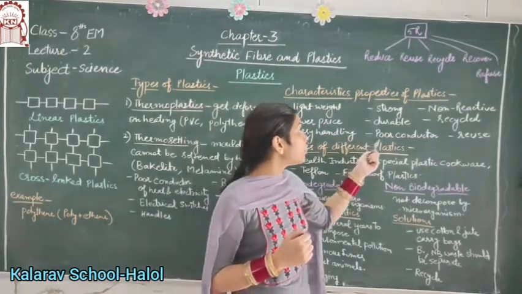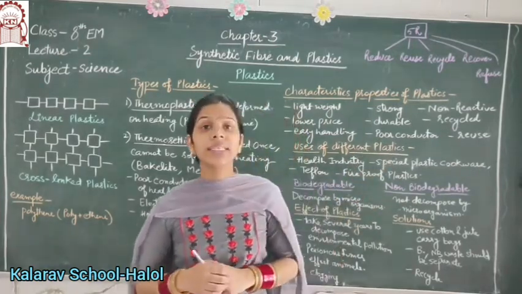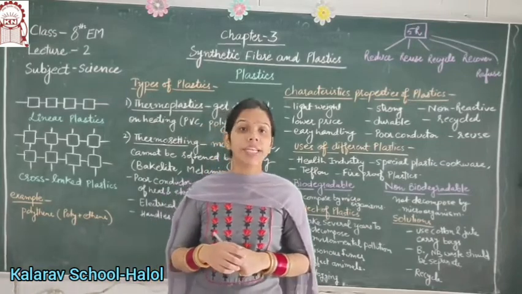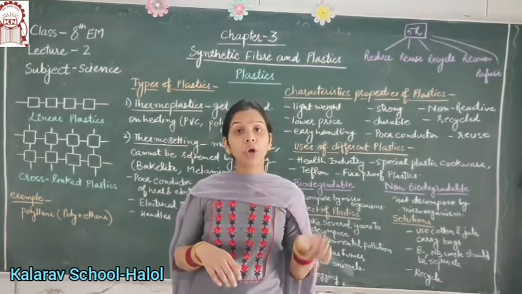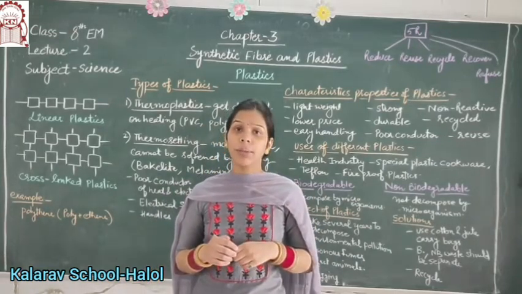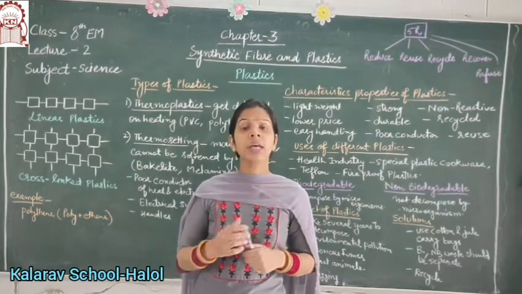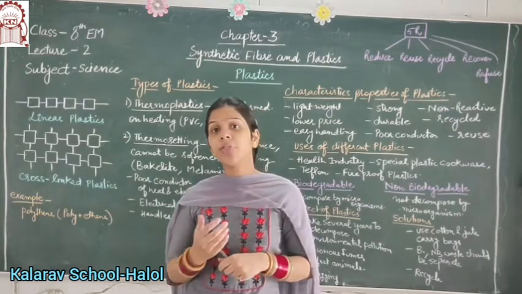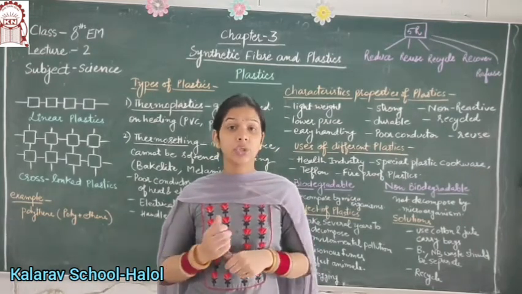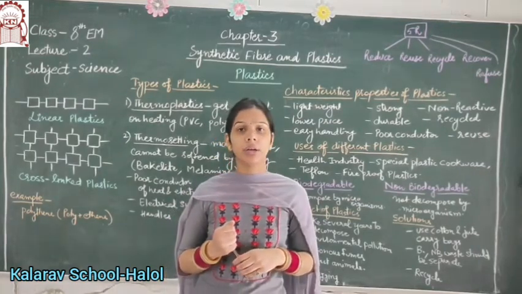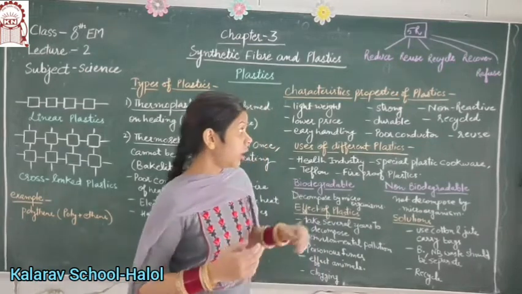Next is poor conductor. Plastics are poor conductors of heat and electricity. Due to this property, they are used for making electrical switches, coating of electric wires and the handles of many types of kitchen cookware, so that we can handle our utensils carefully.